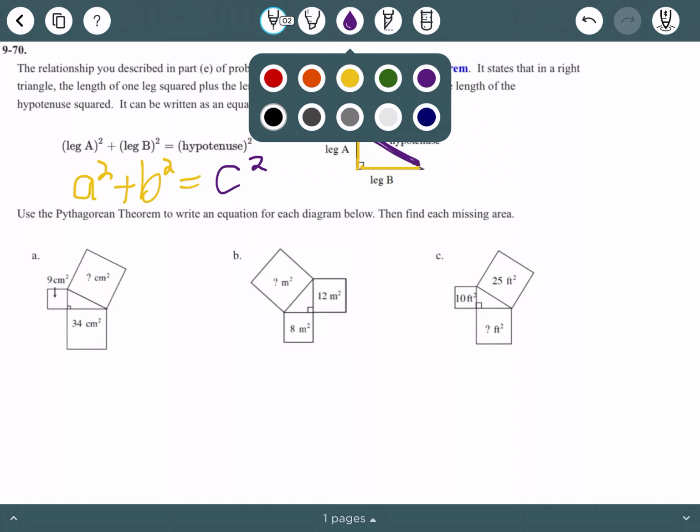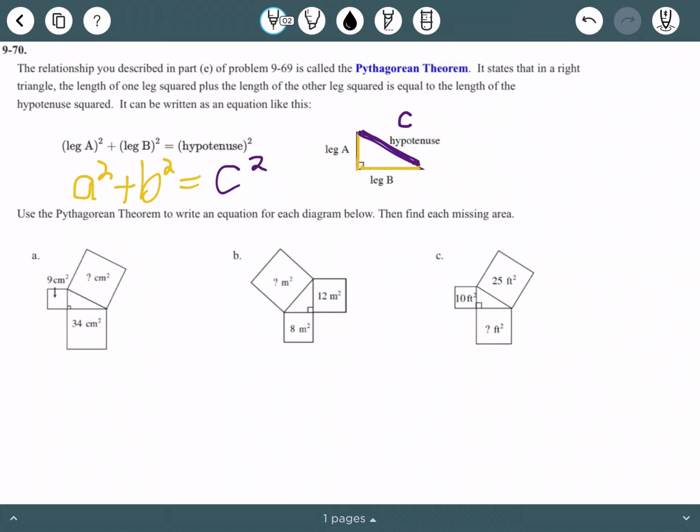All right, let's go ahead and have a look at parts A, B, and C. It says to use the Pythagorean theorem, which is this equation we just talked about here, to write an equation for each diagram below, and then we also have to find each missing area. So for part A, I see that they have given the areas of the legs of the triangle.